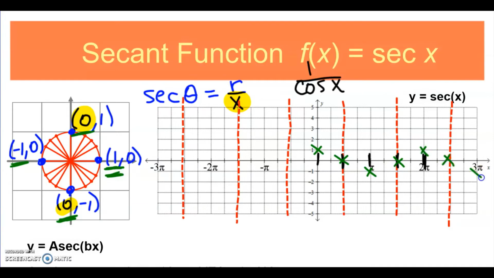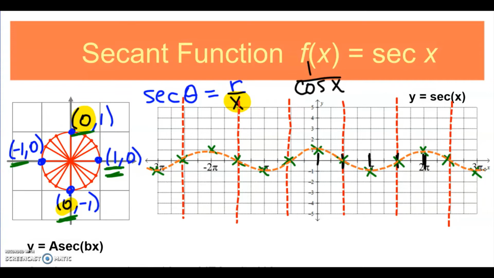Continuing the pattern, we can finish off the cosine wave. Now again, don't be confused because that's not part of my graph. That's not part of my answer.